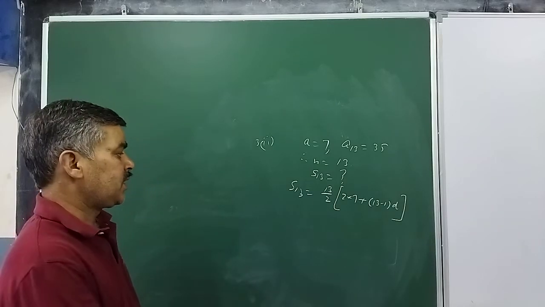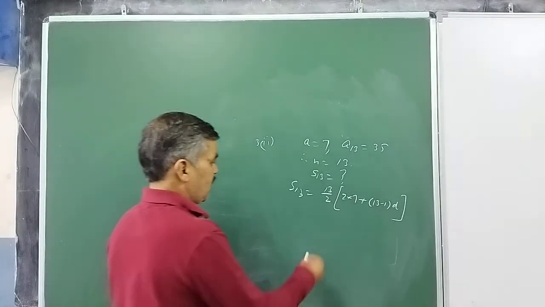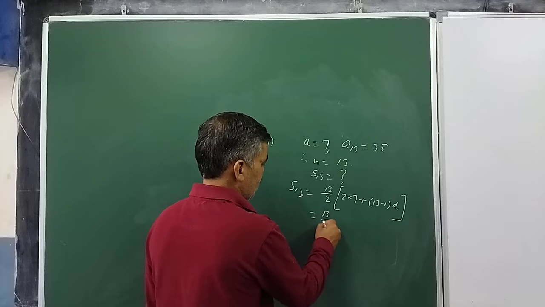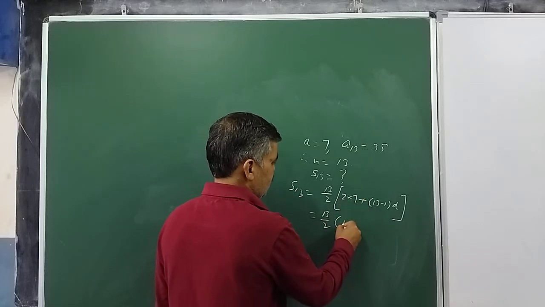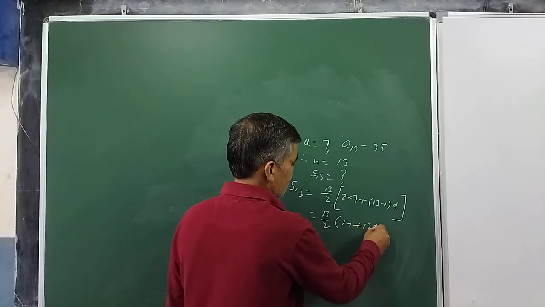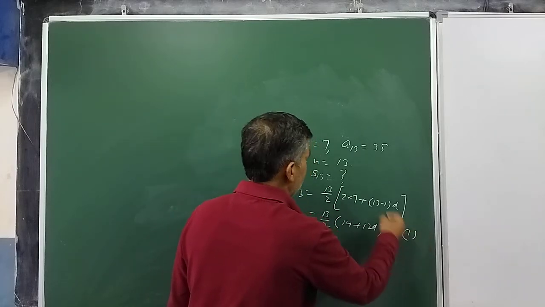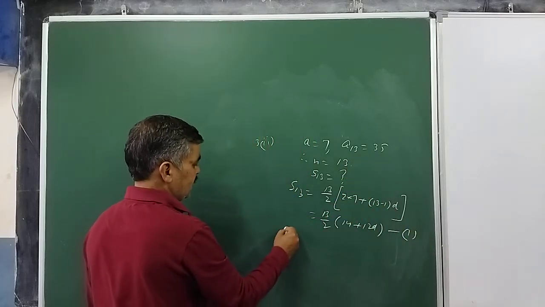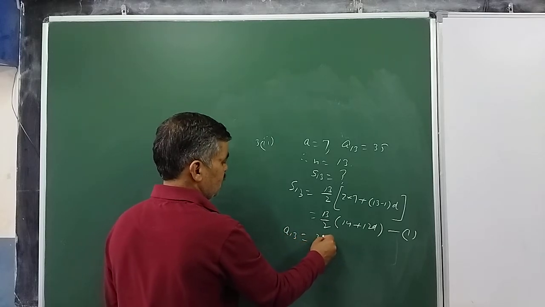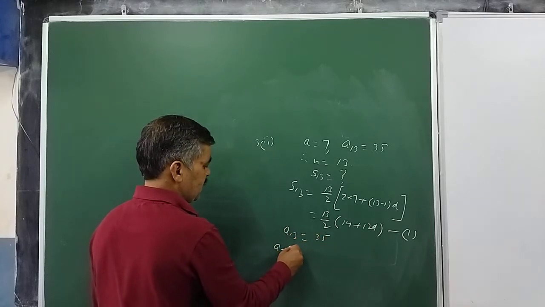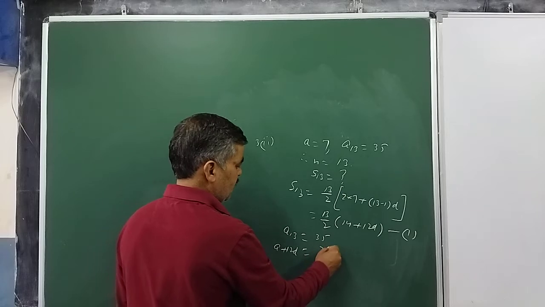Now d is missing, so here you can simplify more, 2 7s are 14 plus 12d, and give it number 1. As A13 is equal to 35, so A plus 12D is equal to 35.